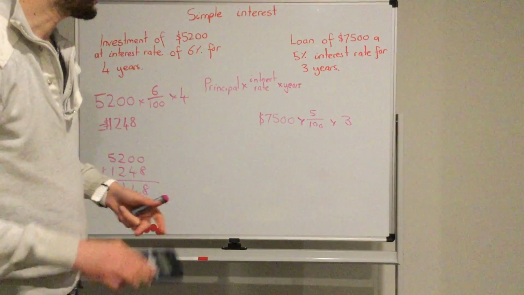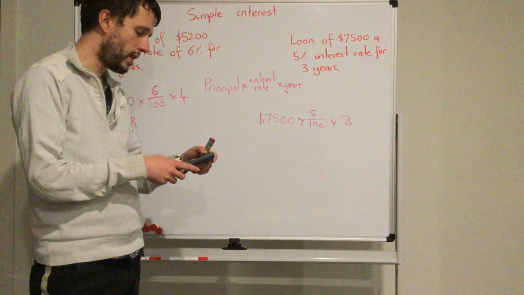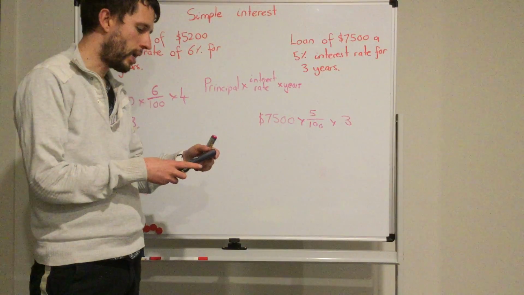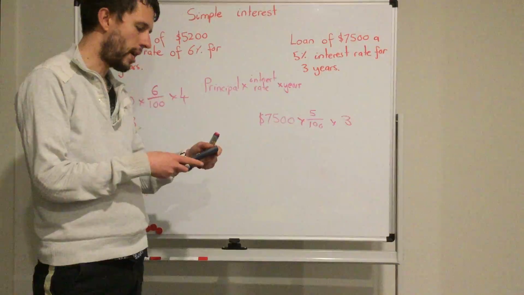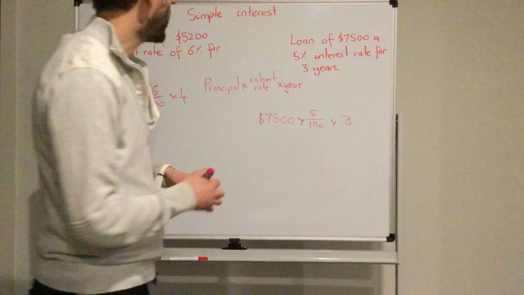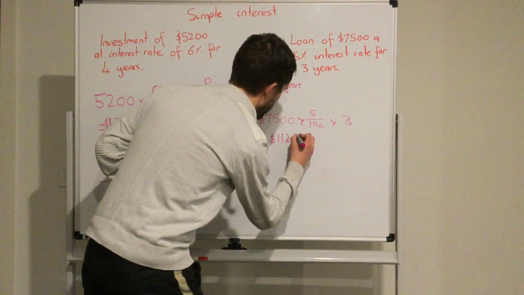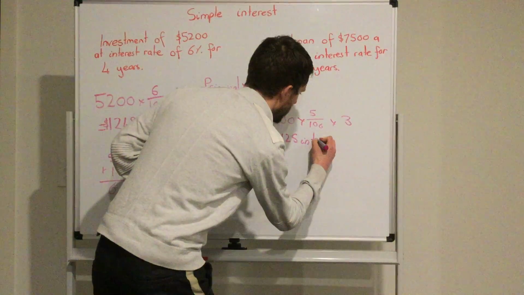So again, we can use our calculator to solve this. 7,500 times 5 over 100 times 3, 1,125 is my interest.